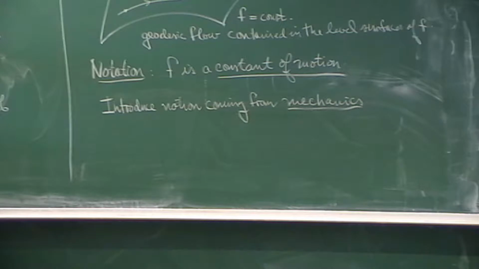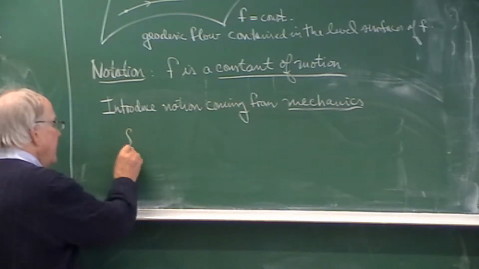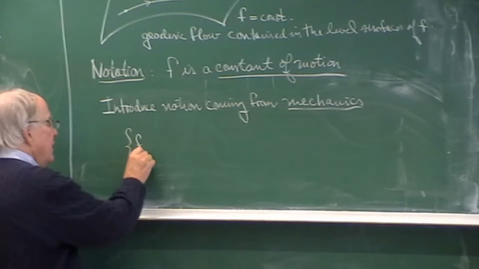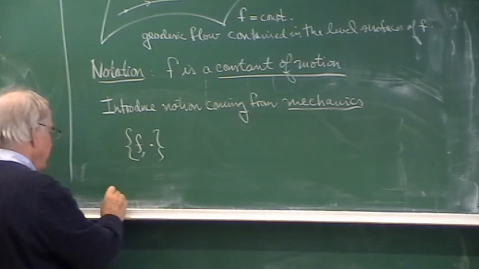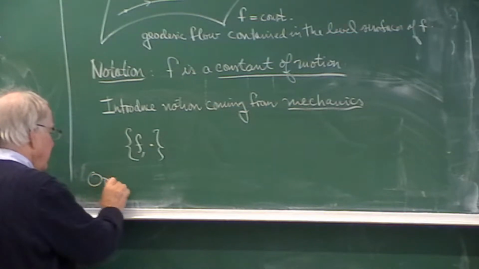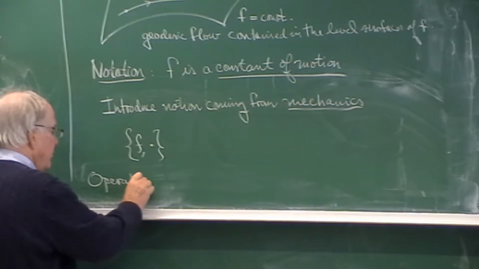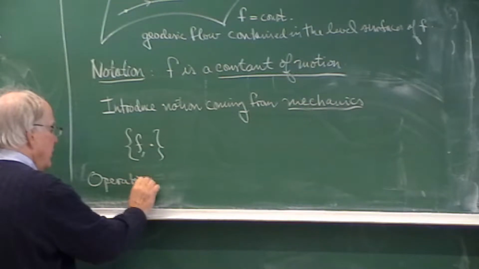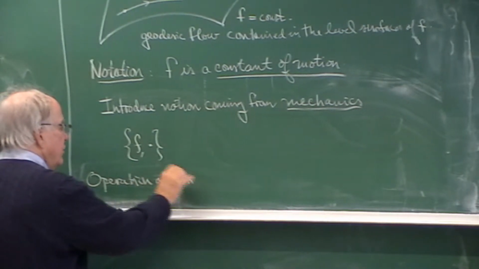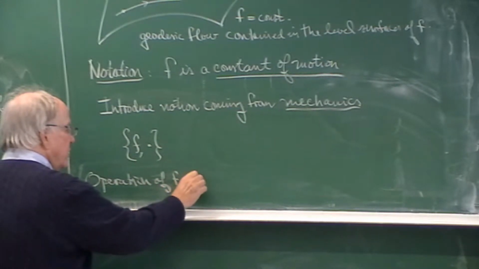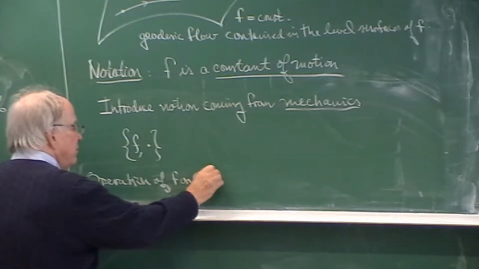I don't know the history of this, but I'm going to define an operator, F, operating as an operator on functions. So there's an operation of F on functions. The function goes in here, on smooth functions.